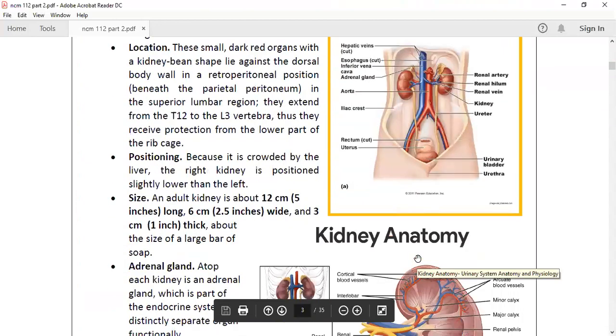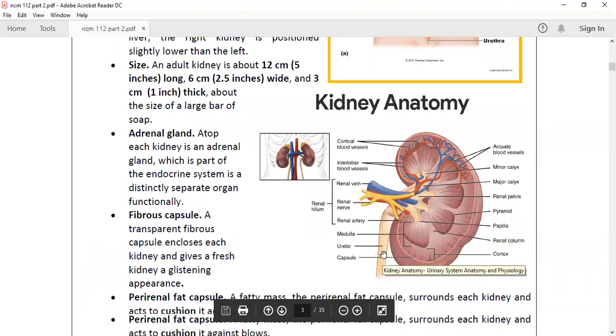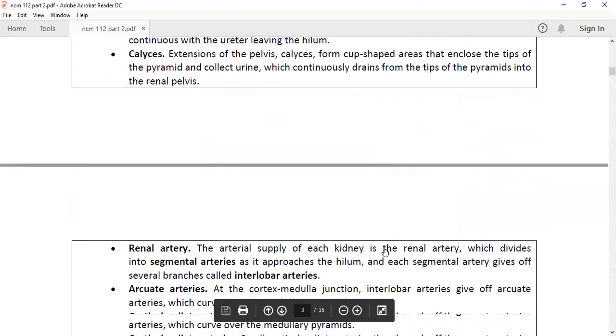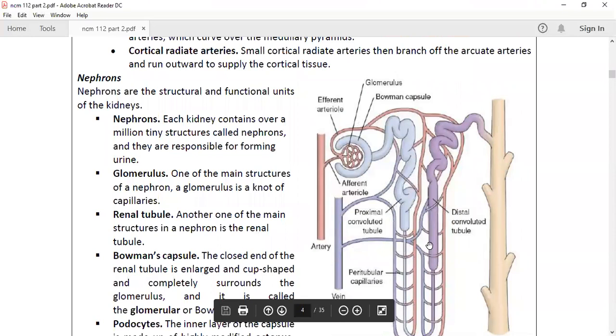I will leave to you the reading on the different parts of the renal system. But for this lecture, I would like you to proceed to the discussion on your nephrons.